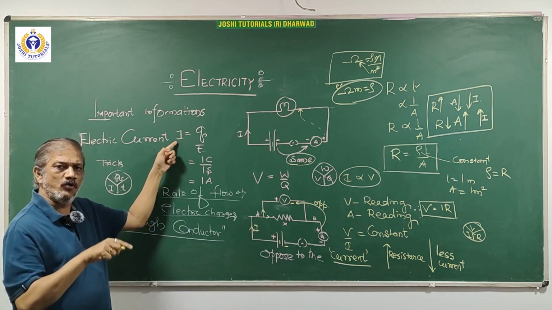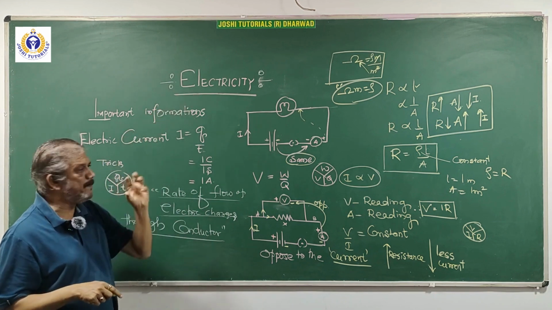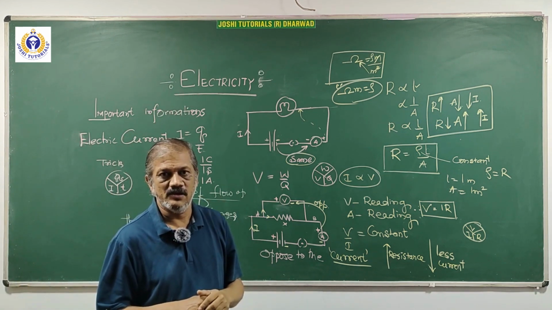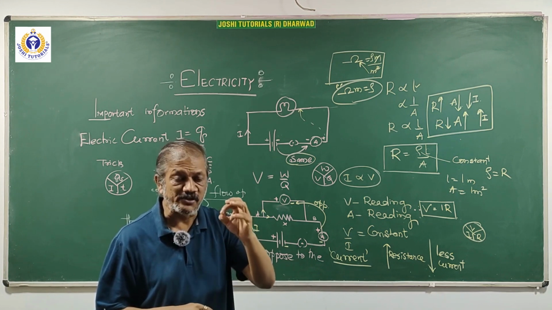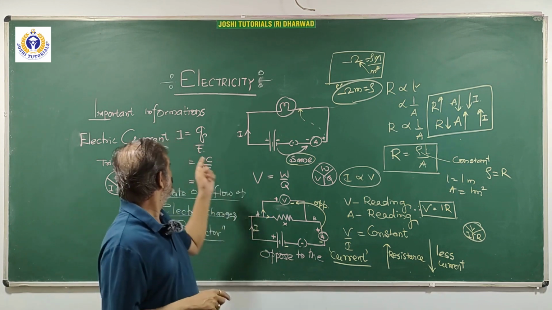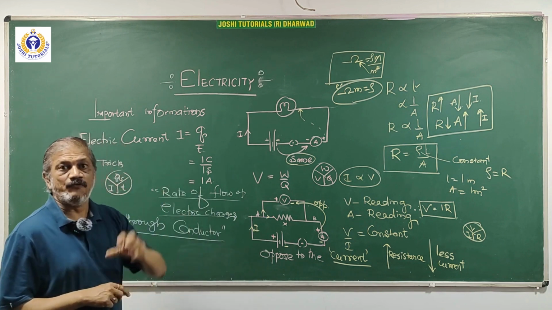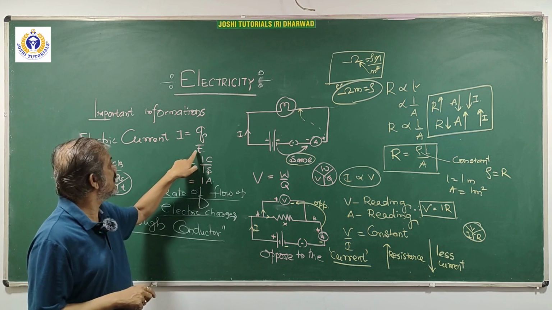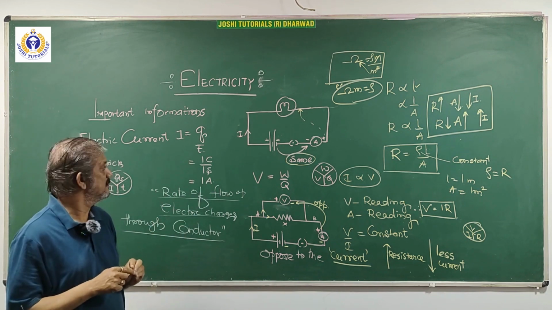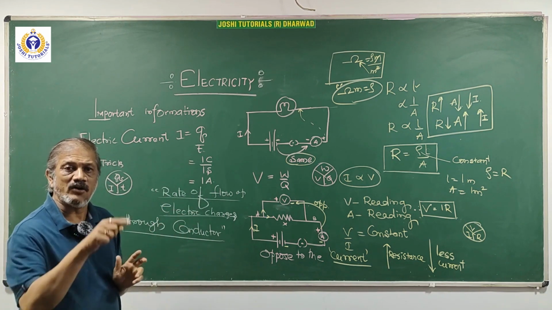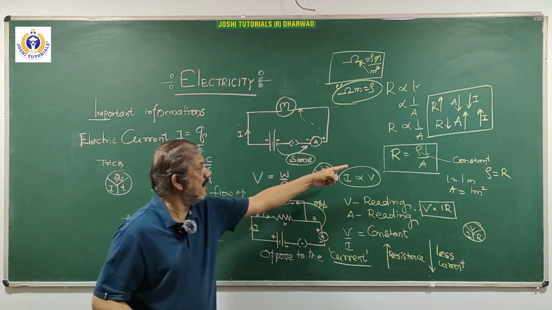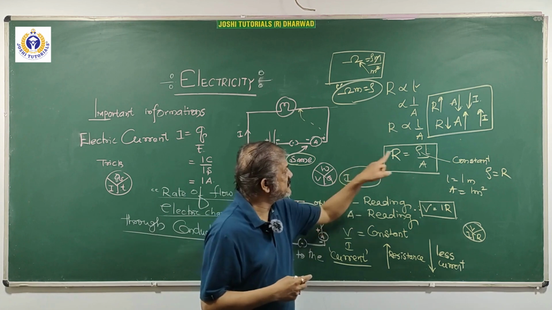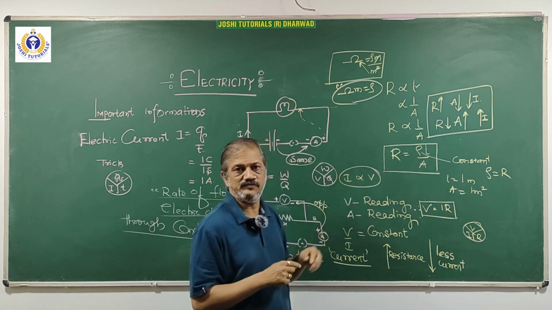To know about this chapter, we must know some symbols used for some terms. Like current, we say I. For charge, we say Q. For time, we say T. For resistor or resistance, we say R. For length, we say L. For resistivity, we say rho.